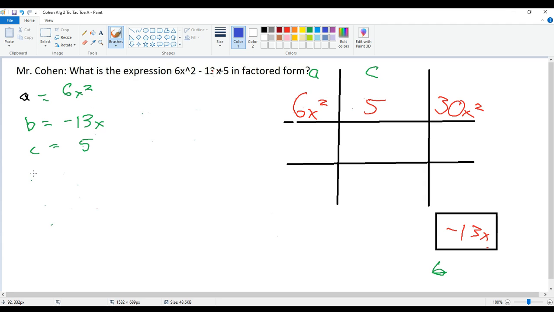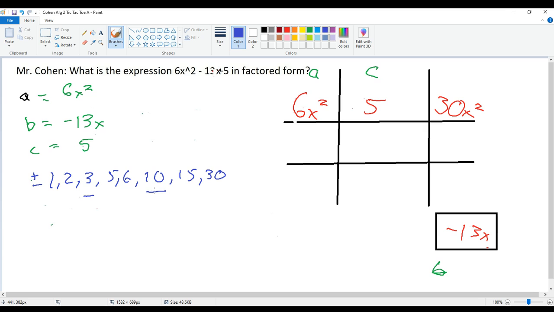So any of the values that are plus or minus 1, 2, 3, 5, 6, 10, 15, and 30 are fair game for us. And I'm looking for something that is going to have a difference or an addition of negative 3 plus negative 10.